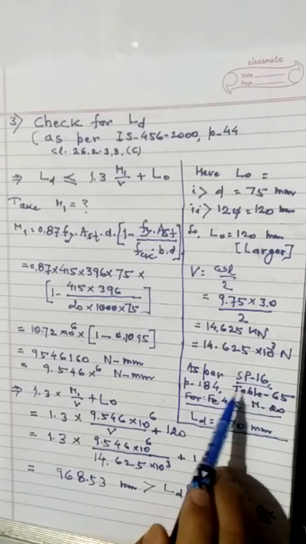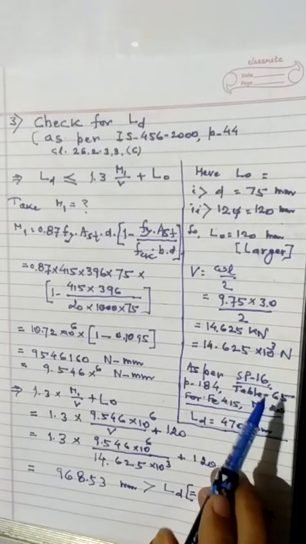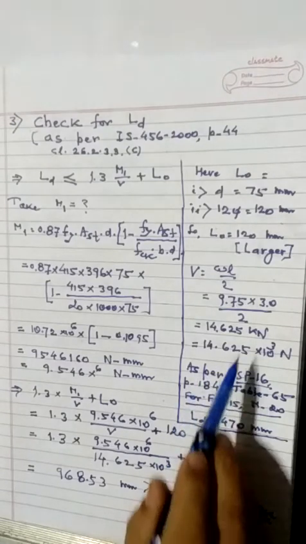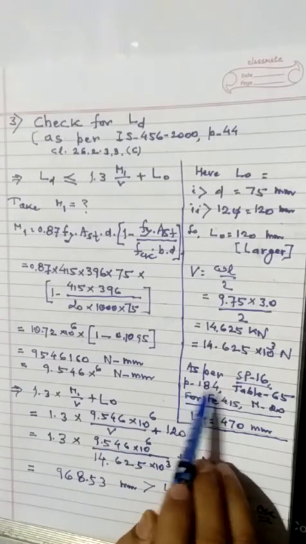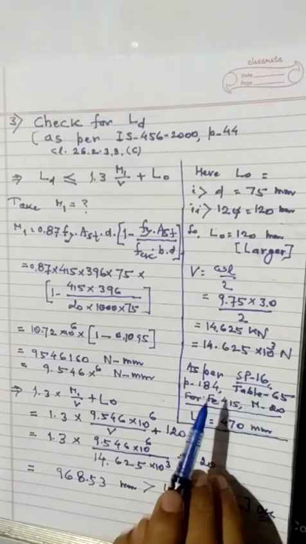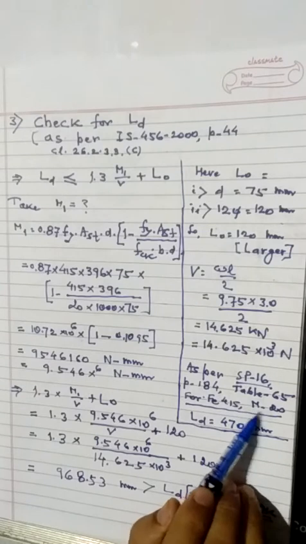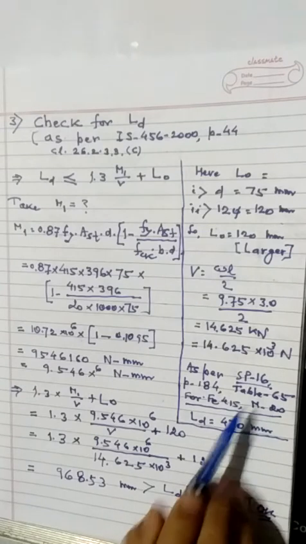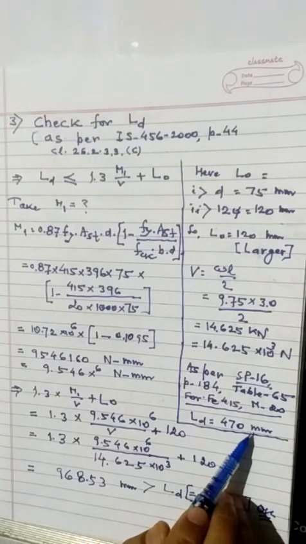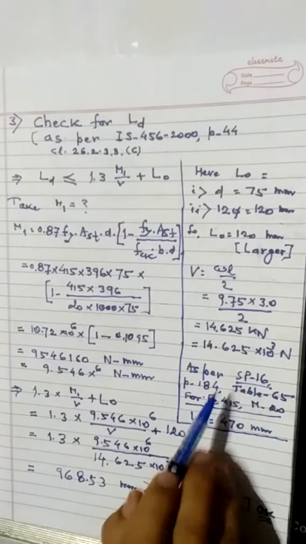So as per SP16, page number 184, table 65, for Fe415 and M20 concrete grade, we can directly get the value of LD, the development length of the bar, that is 470 millimeter. So this information we now have available.